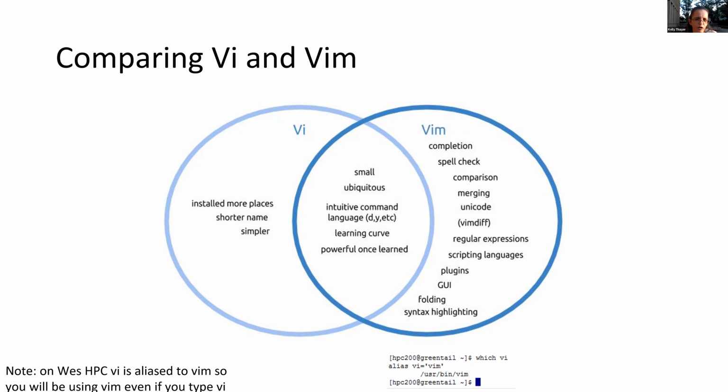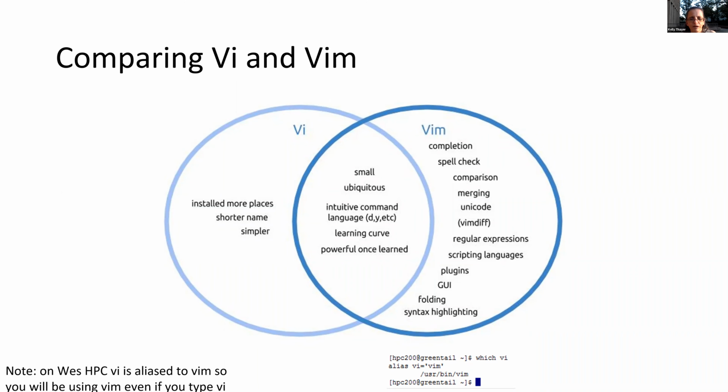So in fact, if you try to use VI on the HPC here, you will get Vim, because there's basically a pointer to actually run Vim. So VI is basically shorter, simpler. VI is smaller than Vim. Both of them are pretty ubiquitous on all Linux systems of all flavors.